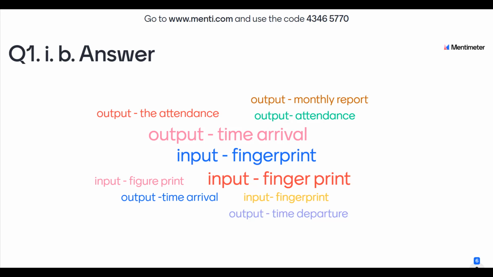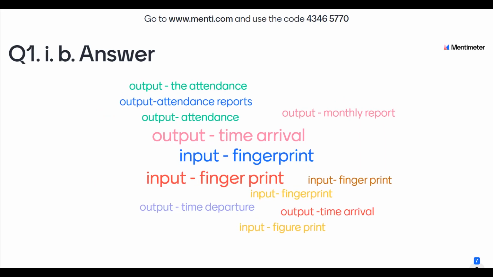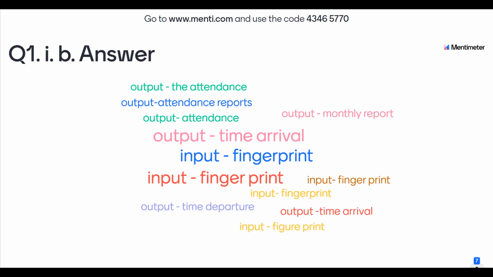Right. Preparing reports of employee attendance using fingerprint machine. So the input is fingerprint. Simply, you can get input as a fingerprint. And then the output is attendance report.